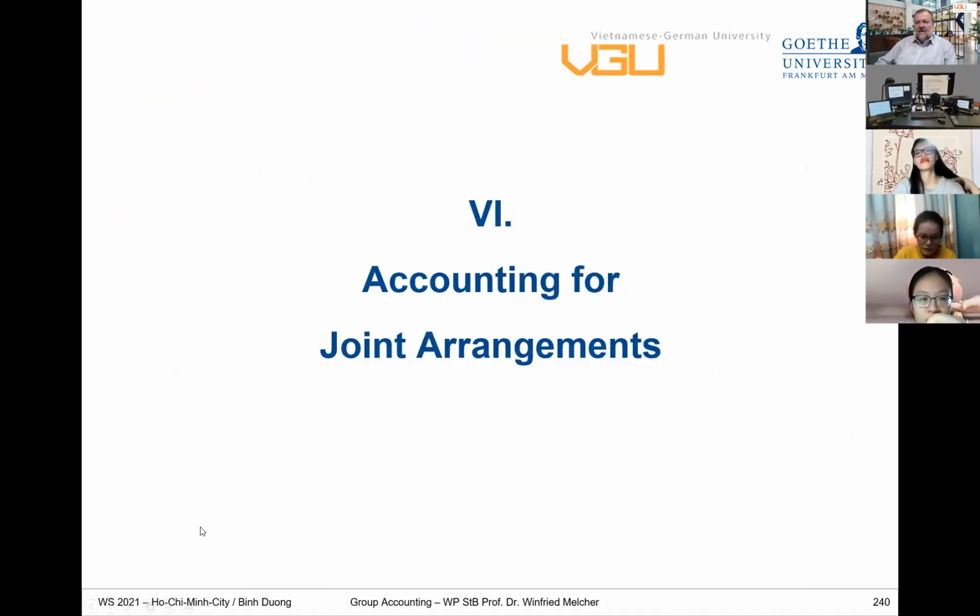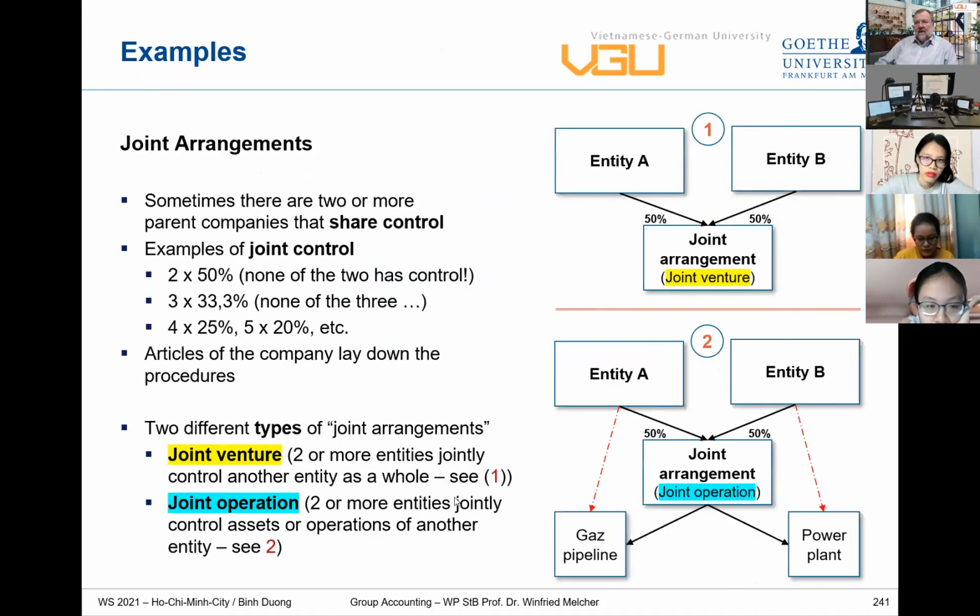All right. Well, we now have looked at subsidiaries, full consolidation. We have looked at associates, equity consolidation. And now we will have to look at the accounting for joint arrangements. So you remember we have joint arrangements.